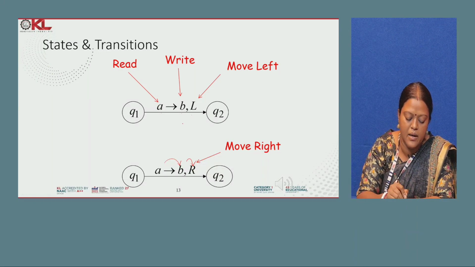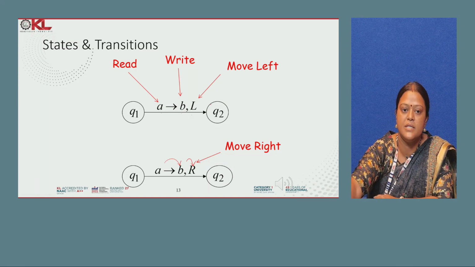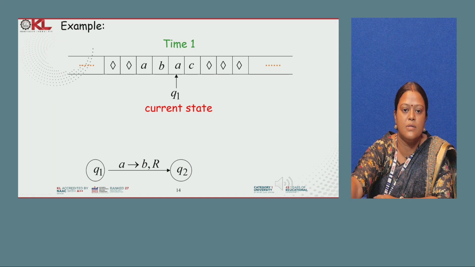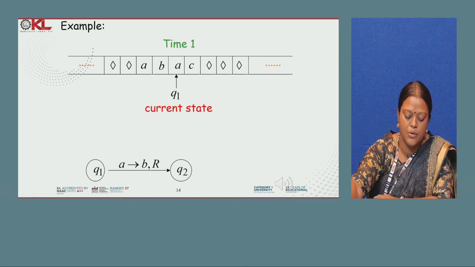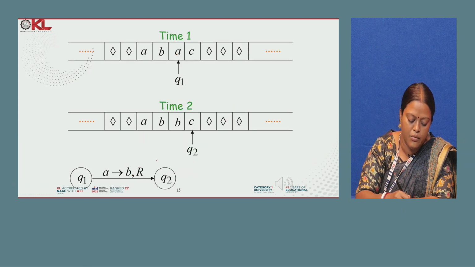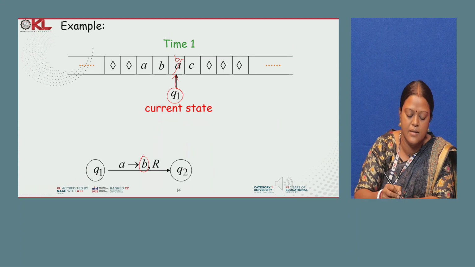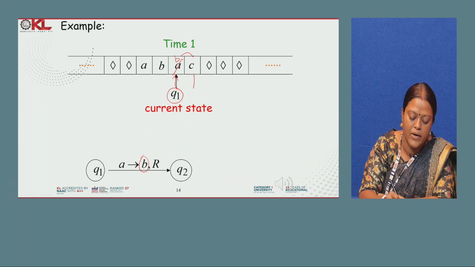We will be using this terminology: A, then B and L, and the new state is Q2. So here our current state is Q1, it is reading A, here we are writing B, replacing it by B, and then we are going to the right hand side, and our next state should be here, Q2.